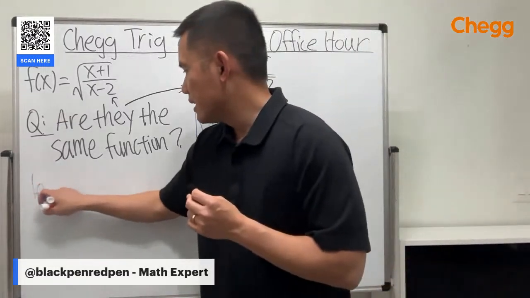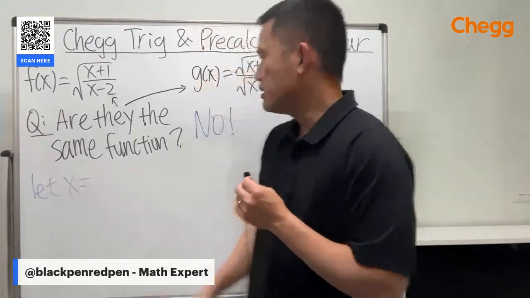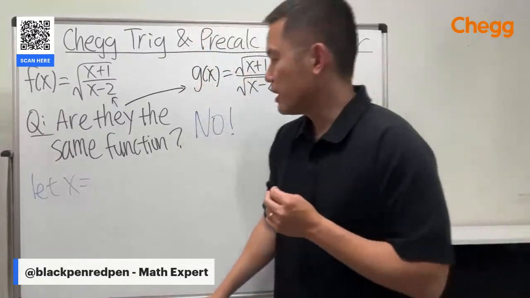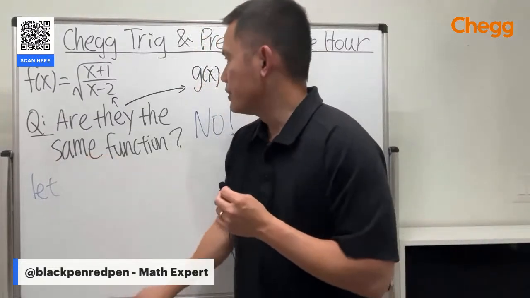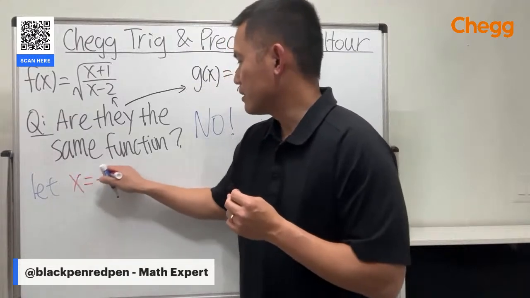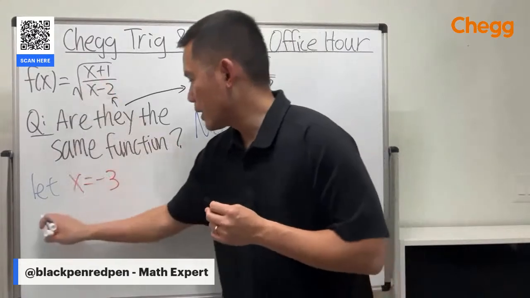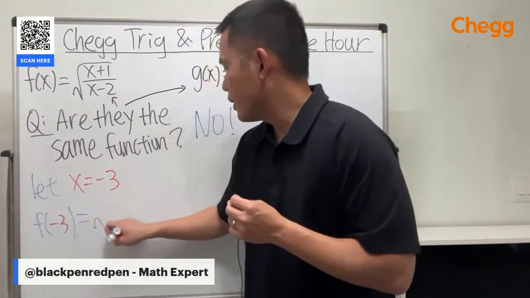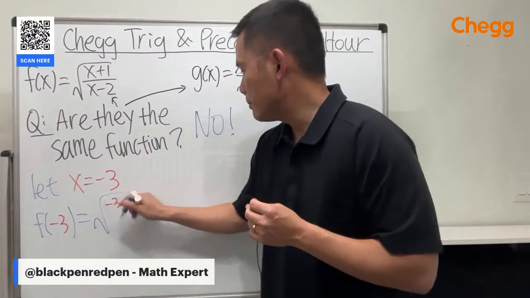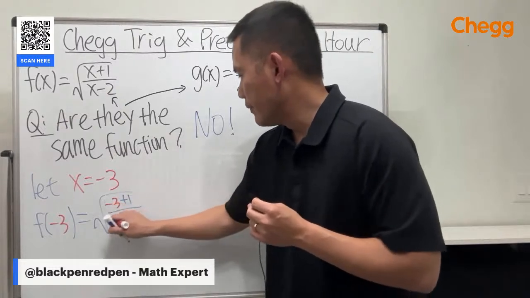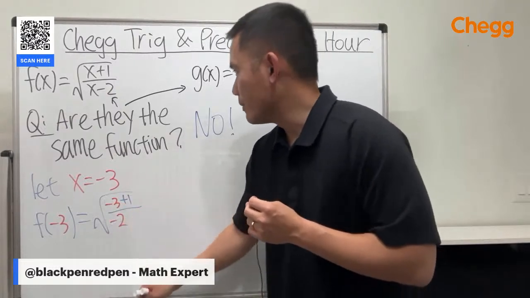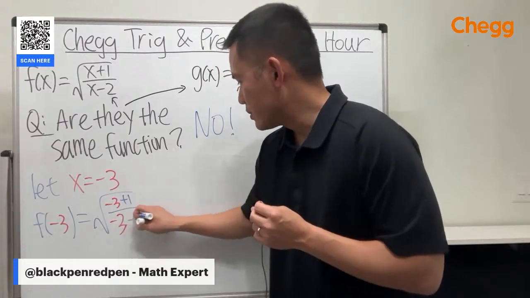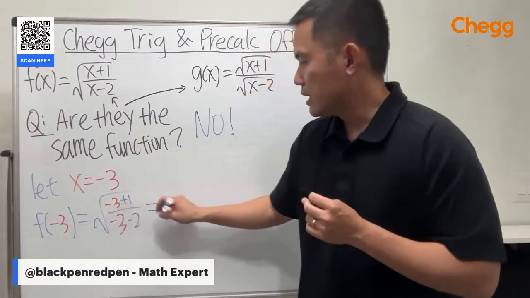Because, here's the deal. Let's say I have a negative number, such as -3. Doesn't really matter. Plug into here, then we get f of -3, which is square root of -3 plus 1 over -3 minus 2.